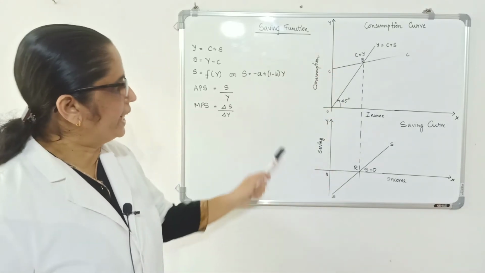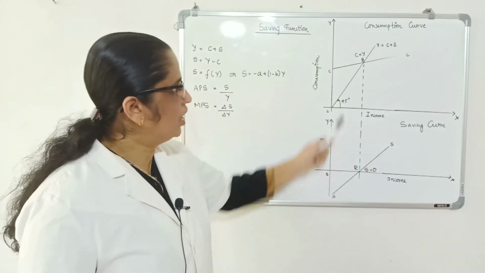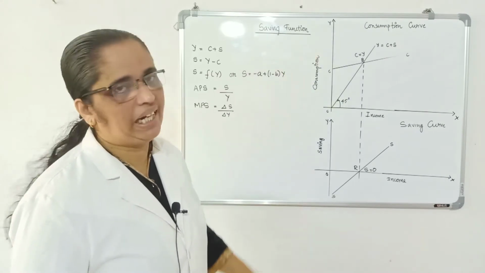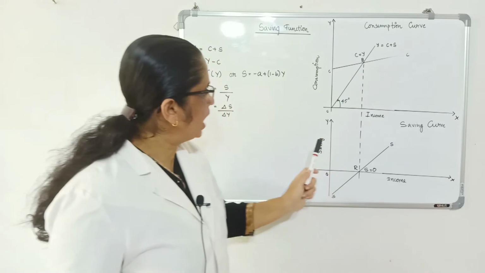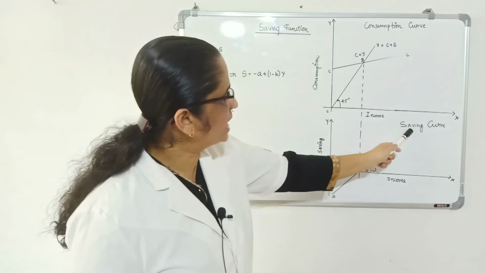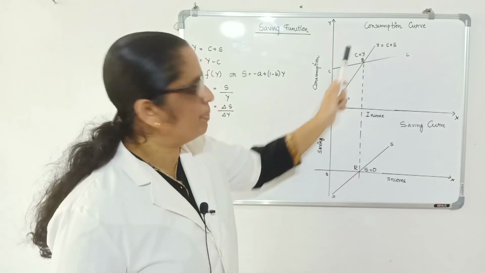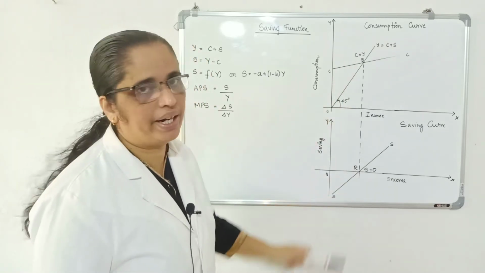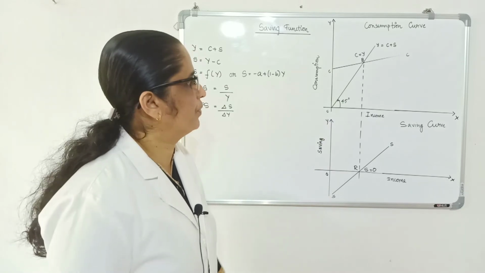Here let us study how to derive the saving curve from the consumption curve. Part A and part B, like that we drew. In part A we show the consumption curve, in part B we draw the saving curve. Since these are complementary curves, we can derive one curve from the other.